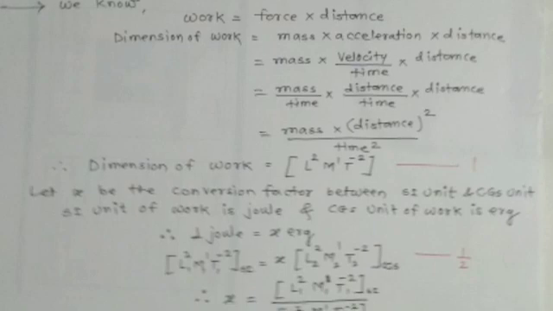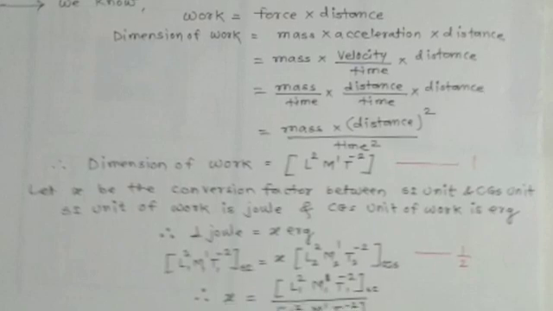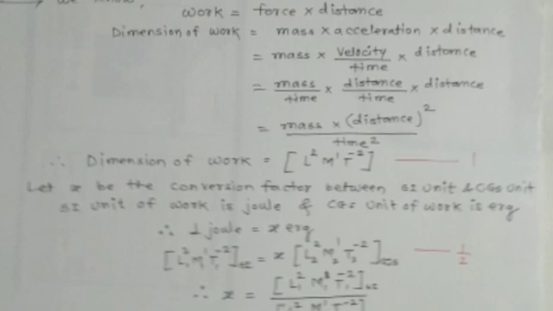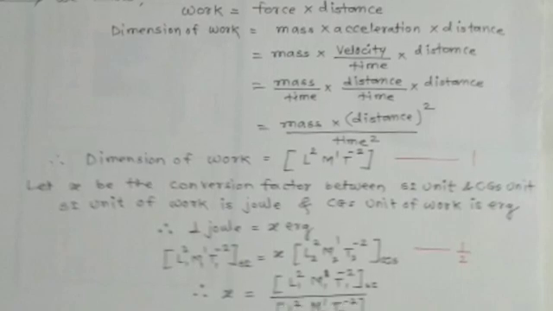SI unit of work is joule and CGS unit of work is erg. So therefore 1 joule equals x erg.